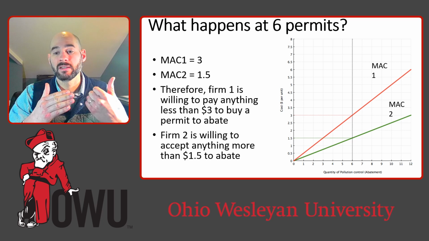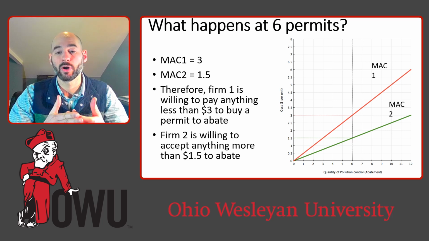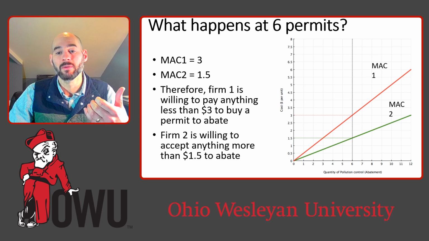And so since they produce 12 units of pollution and they have 6 permits, then they have to abate 6 units, and the marginal cost of that 6th unit of abatement is going to be 3 for firm 1, 1.5 for firm 2.